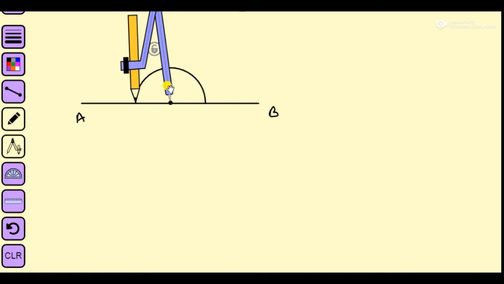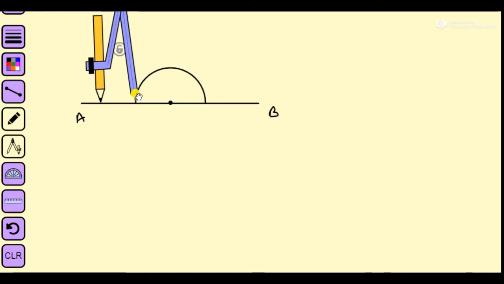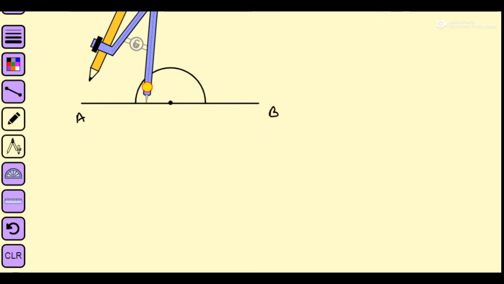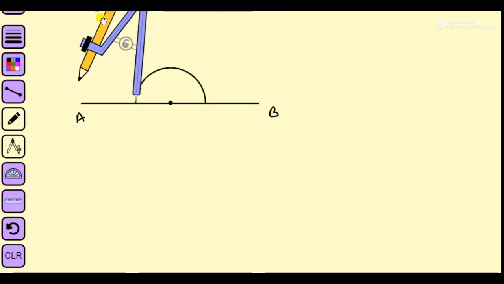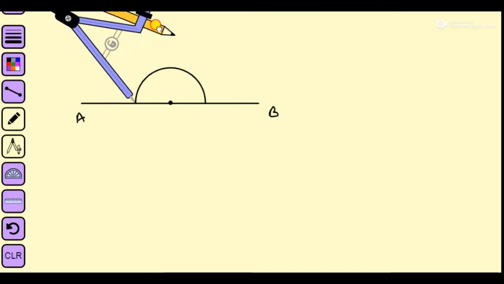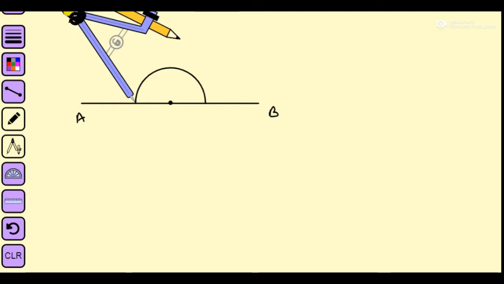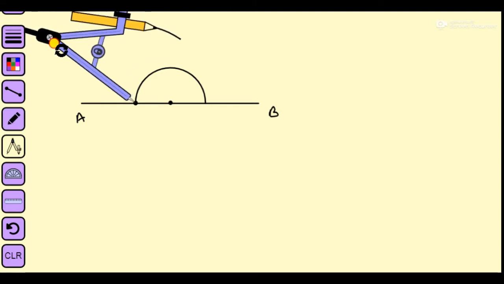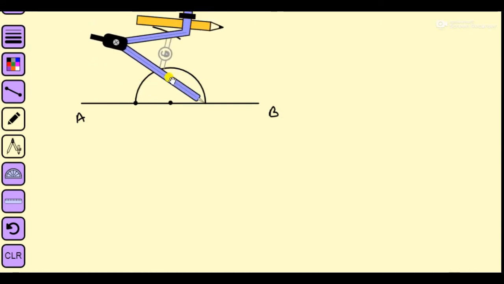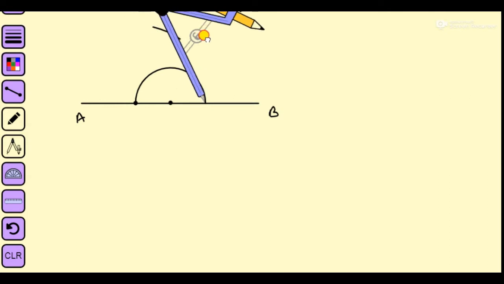Now once again take this roundel here and open it like this. You can put it here and draw the line. Now once again put the roundel here and draw like this.